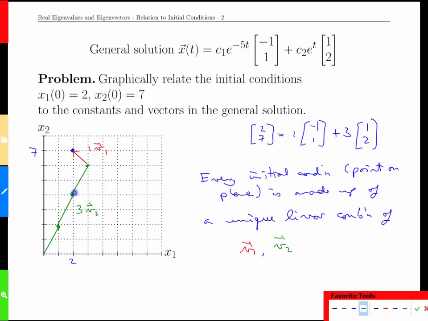Some stretching out of the 1, 2, and some stretching out of the negative 1, 1 vector. Okay, that's making some progress. There is a graphical interpretation to this breakdown of the initial condition into the two components.